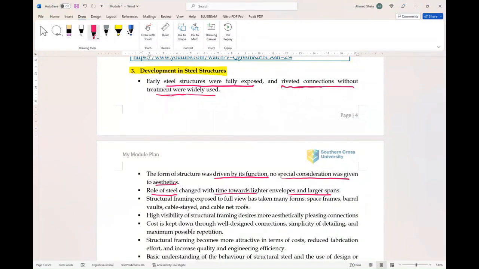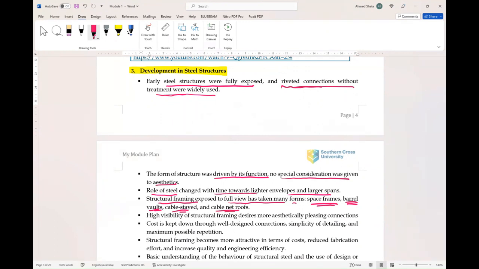So with time, the role of steel changed to improve the structures, to produce lighter weights and increase the spans of the structure. Structural framing, exposed to full view, has taken many forms: space frames, parallel vaults, cable stayed bridges, and cable net roofs.